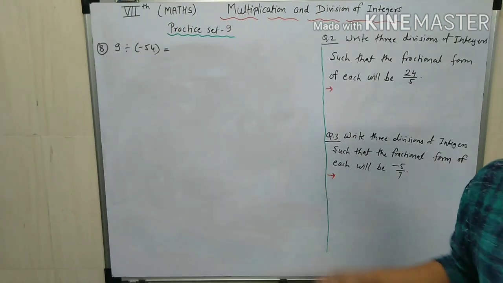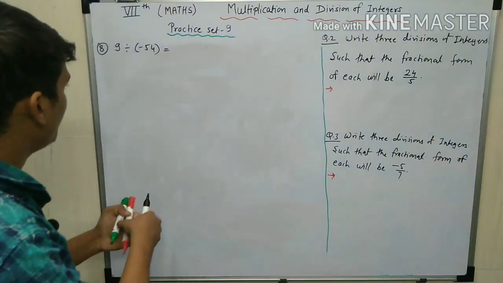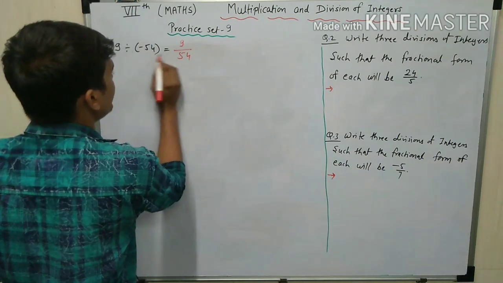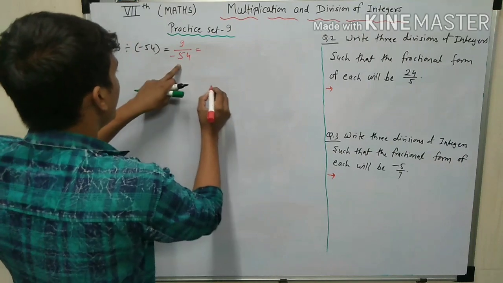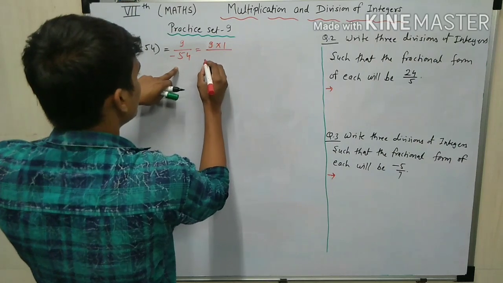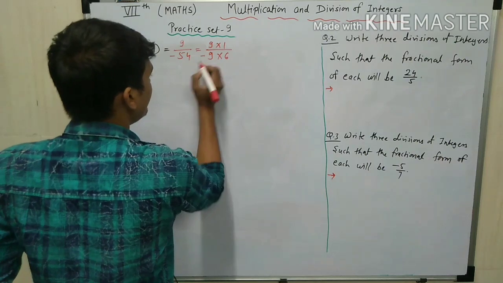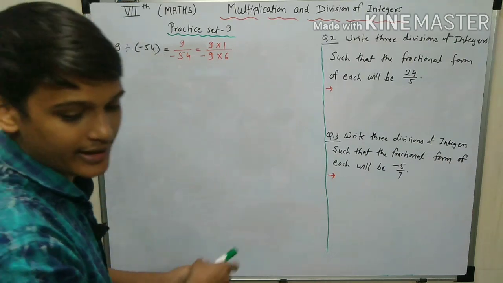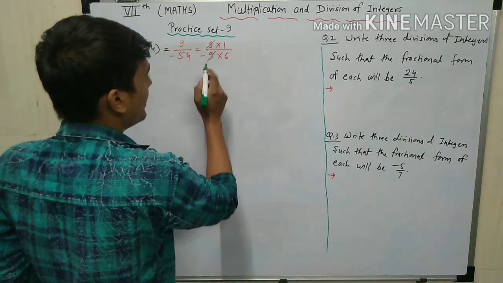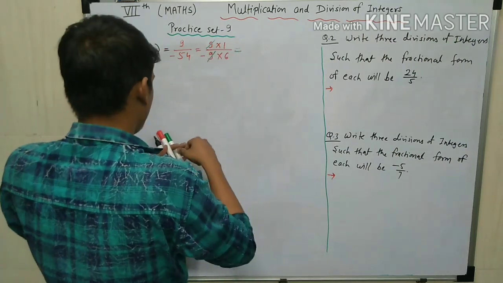Now question number 8, 9 divided by minus 54. You can write here first 9 upon 54, the sign is negative, so you can write negative, is equal to 9 into 1, 9 ones are 9, 9 sixes are 54, the sign is negative, and we can divide here, cancelled, 1 is numerator and 1 is denominator, the numbers are the same, this is cancelled, is equal to 1 upon 6.